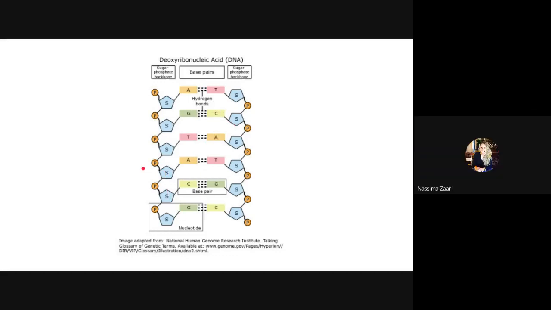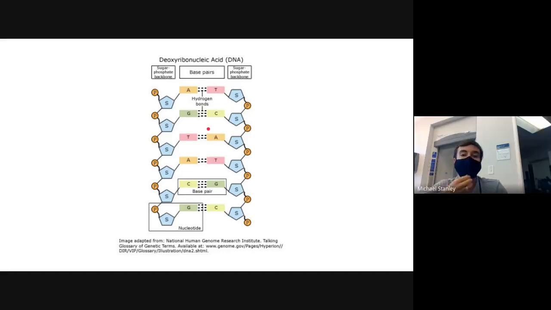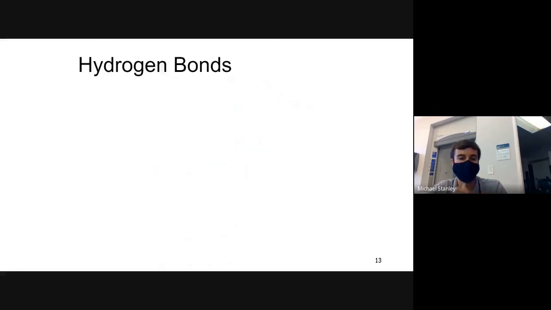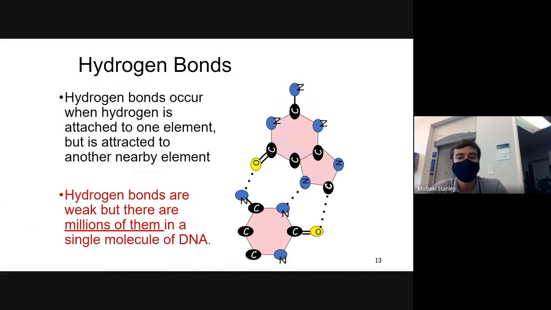But why, Mr. Michael, when we have A and T, do we have only 2 bonds, and when we have C and G, we have 3? That just has to do with the structure of the actual A and T molecules and G and C molecules, the atoms that go into building these things.